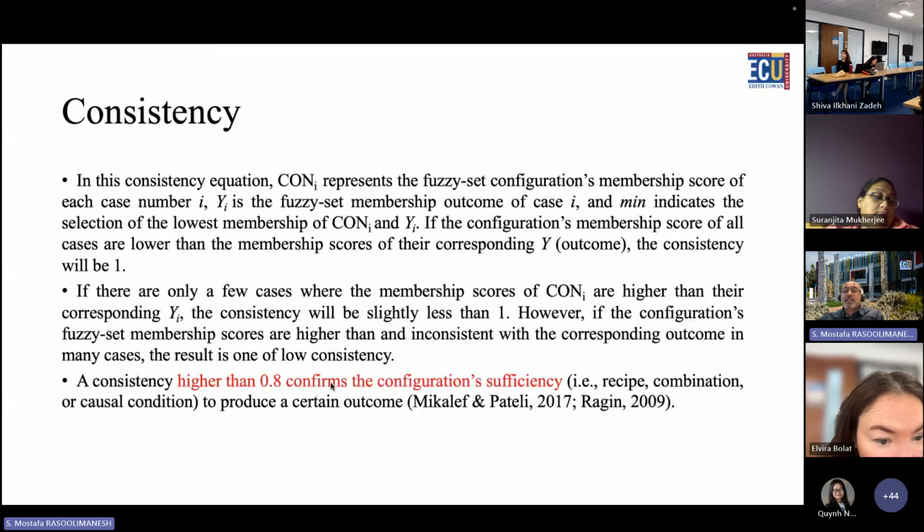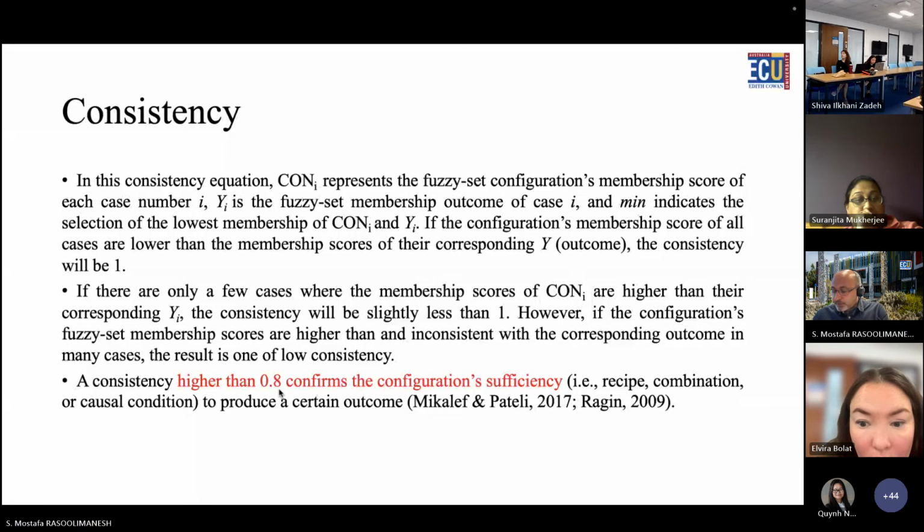And consistency should be higher than 0.8, means more than 80% of cases with this specific configuration should generate or be satisfied with the outcome, right?